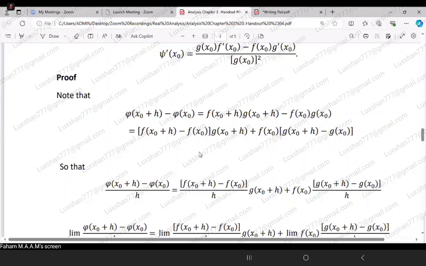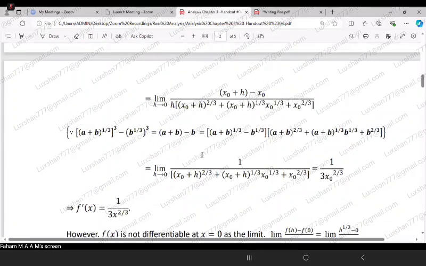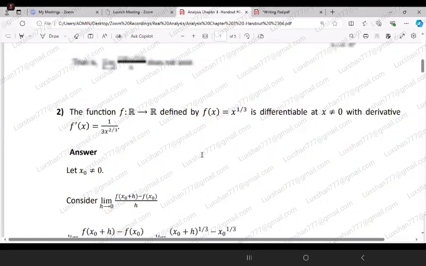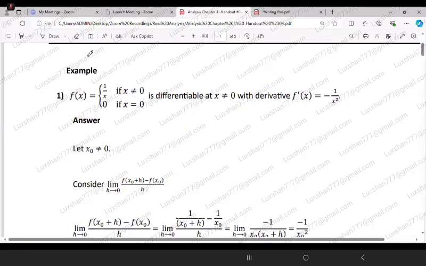Now we'll move to our next handout. We stopped our last discussion. I remember we discussed this question number 1. So f of x equal 1 over x is differentiable at x not equal to 0 with derivative f dash x equal minus 1 over x square. Actually there are two situations.